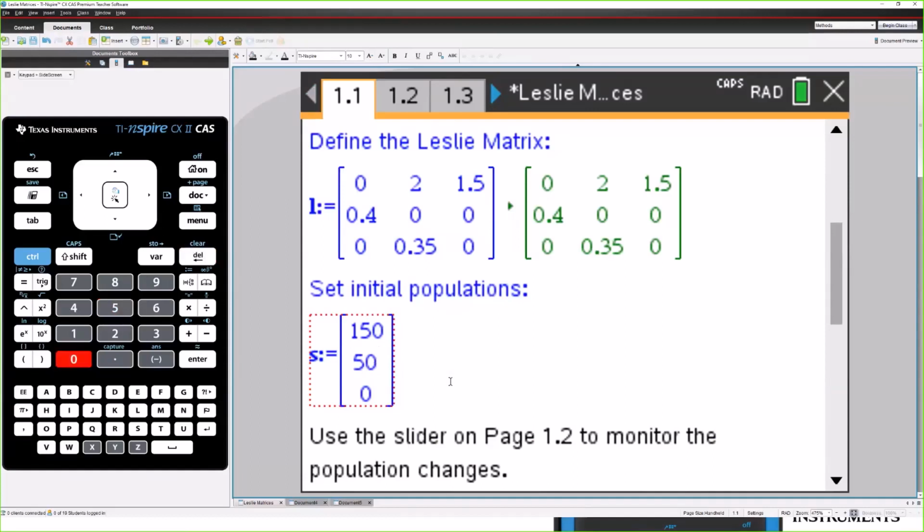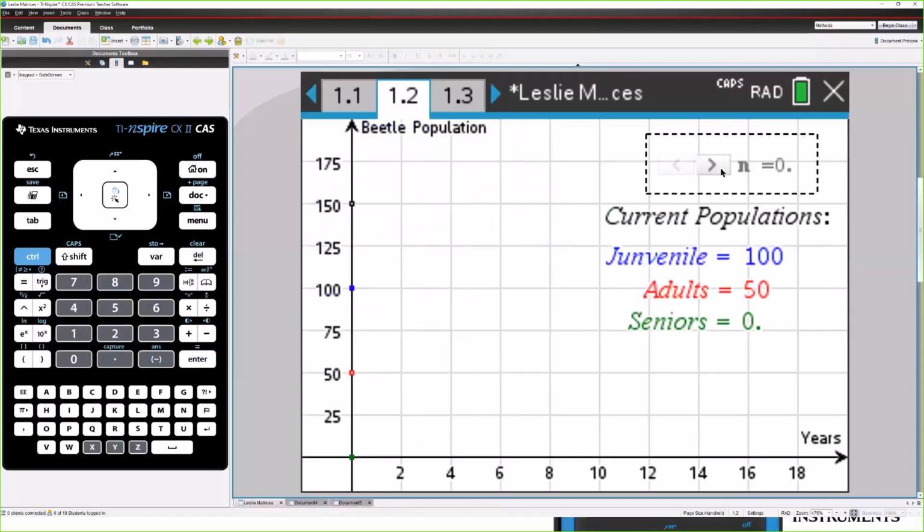So the farmer in the activity says, well, rather than buying 150 juniors, what if I bought 100 juniors and 50 adults? Would that make any difference? I've still got exactly the same total population, and none of this has changed. Let's try. 1 year, 2 years, 3 years, 4 years, 5 years.